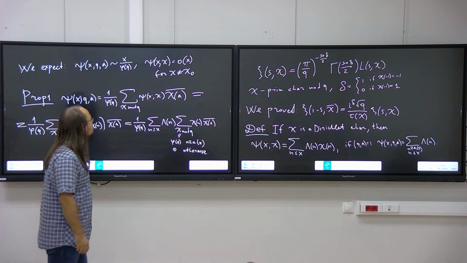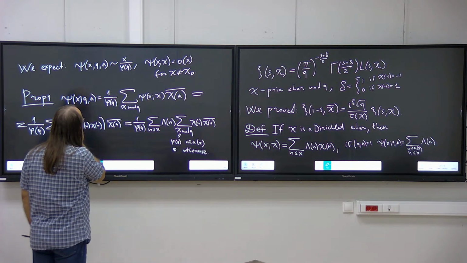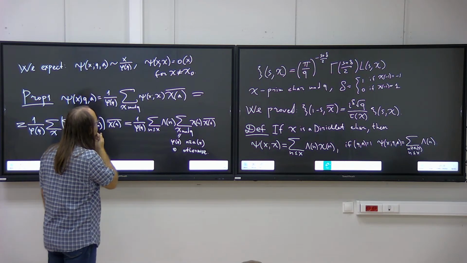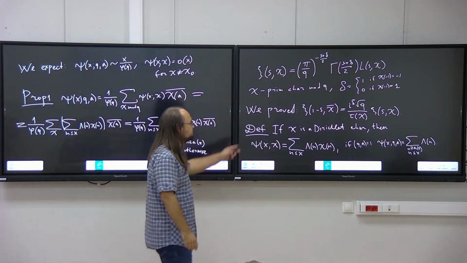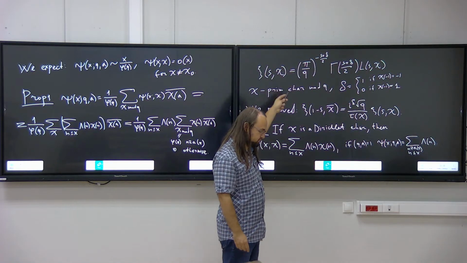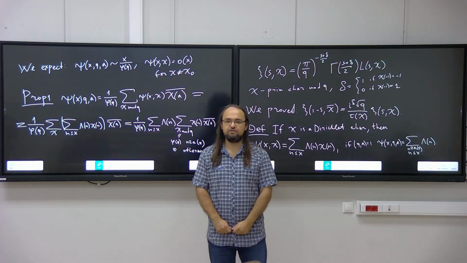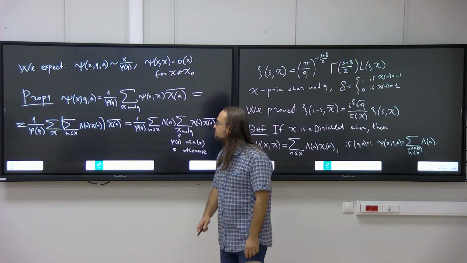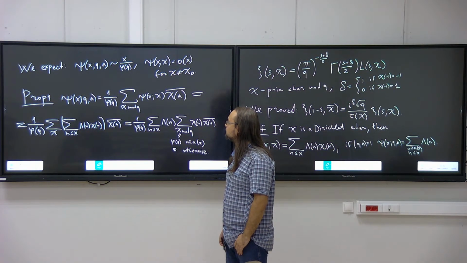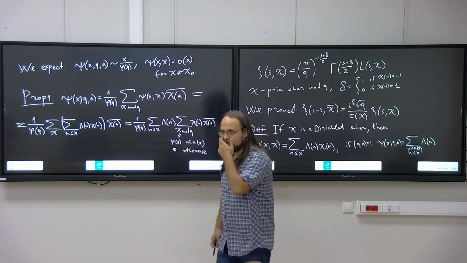Okay, so now we also ran into some small problem because we proved the functional equation only for primitive characters, right? So what do we do if our character is non-primitive?